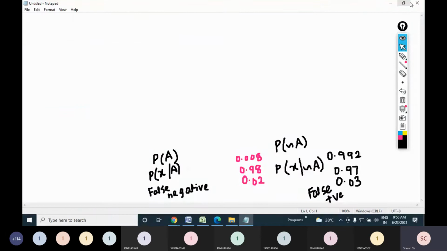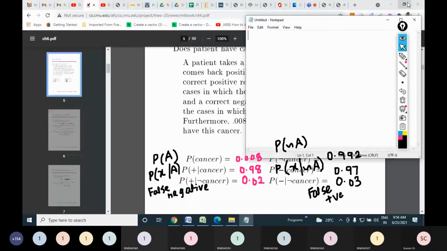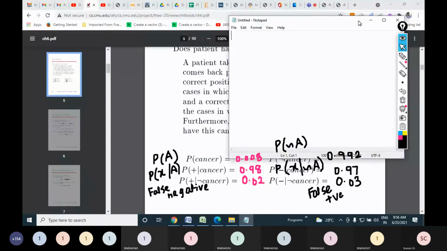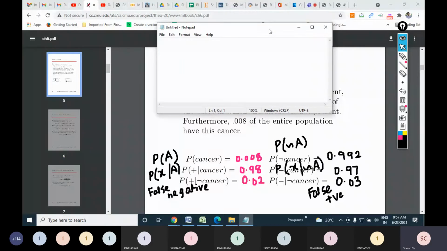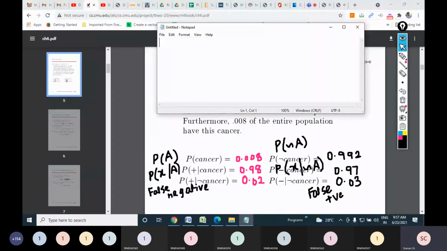Observe this carefully, my dear friends. One form of Bayes theorem we have seen in our previous class, and we have also done our lab experiment based on that.